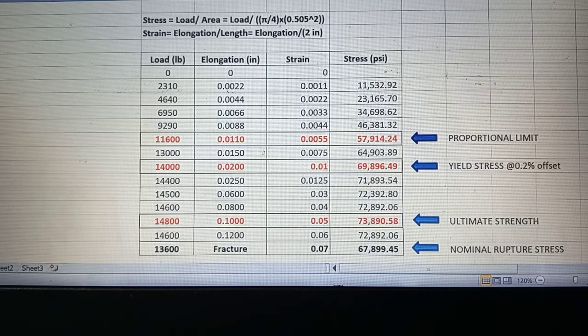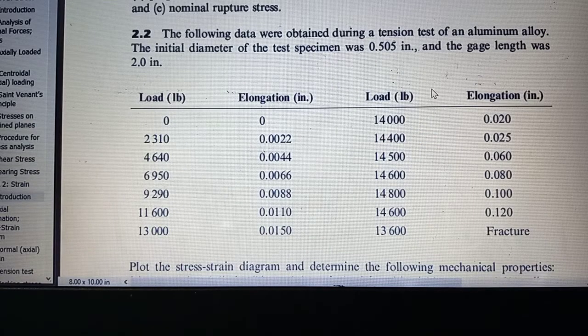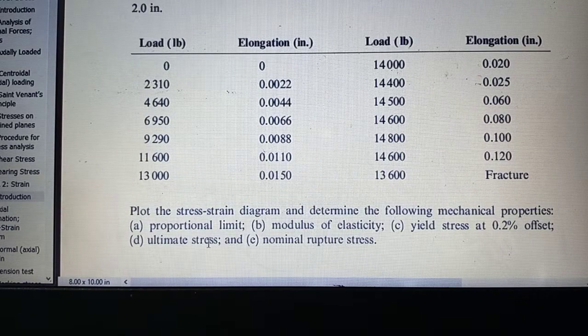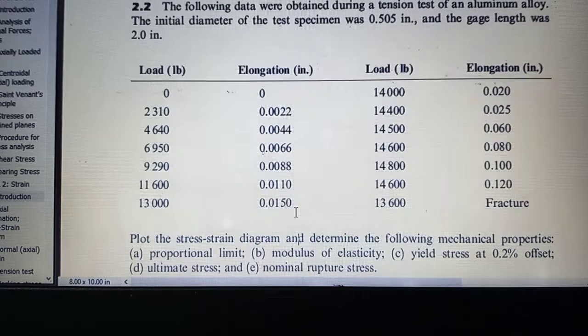If we go back to the problem, it says we plot the stress-strain diagram. In order to plot the stress-strain diagram, we need to define the general formula for stress.